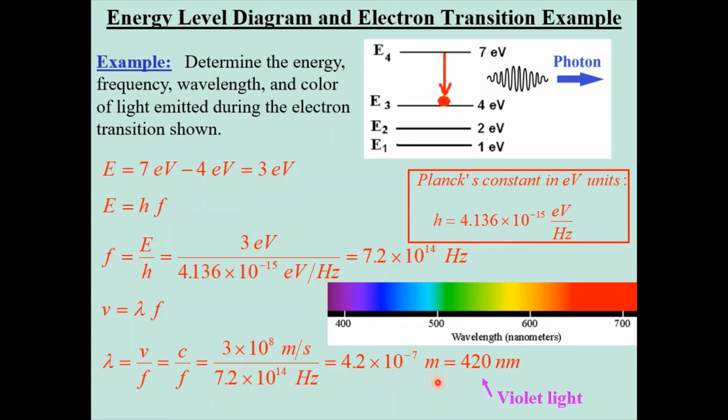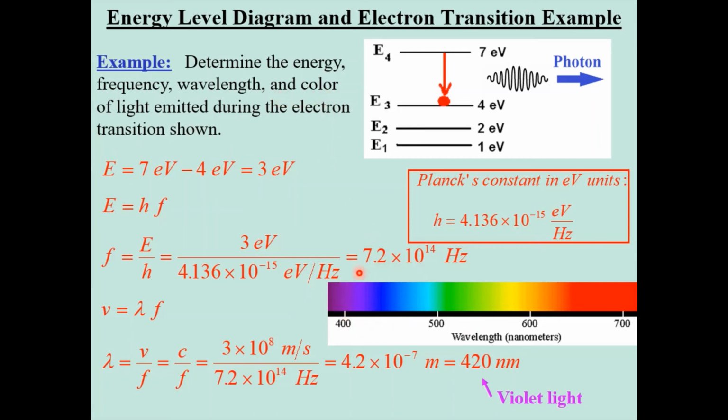And what I've done here is I've converted this to nanometers. Remember, there are 1 billion nanometers in 1 meter. So basically, we multiply this times 10 to the 9th power to convert it to nanometers, and we get 420 nanometers. So that's our wavelength, 420 nanometers. The last part here was, what color is this light?